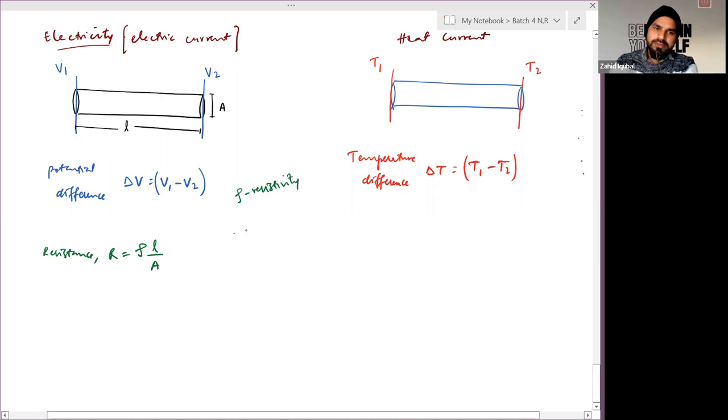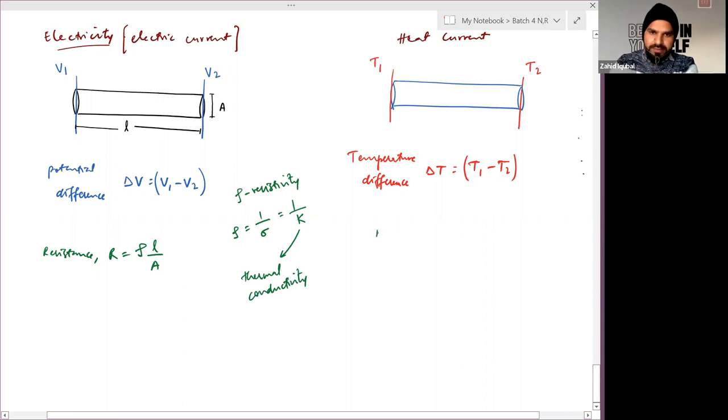This rho is the reciprocal of sigma, which is conductivity, or in terms of heat current, we may write it as 1 by K. This K is called thermal conductivity, which is the reciprocal of resistivity.